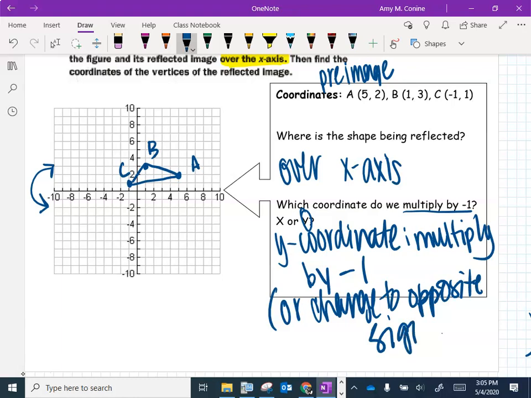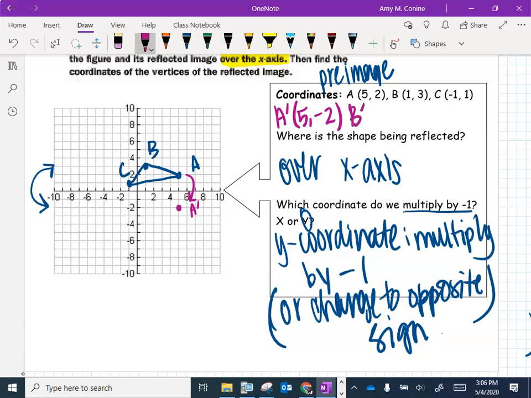It's the same idea, but one is more math operational, and the other one is just a thought process. So you can do either. When we get a prime, our x stays the same. If we multiplied 2 by negative 1, we'd get negative 2. If you look at your graph, if I'm flipping it down, I'm moving it down the same amount of grid lines it started, just on the opposite side of the x-axis, so 5, 2 becomes 5, negative 2, which is what we want. So either way works.